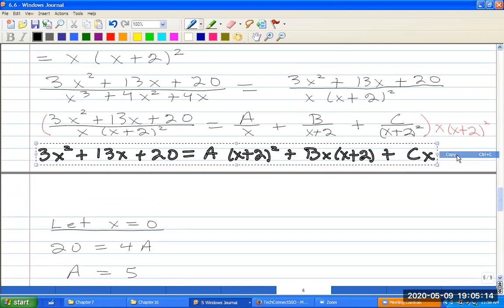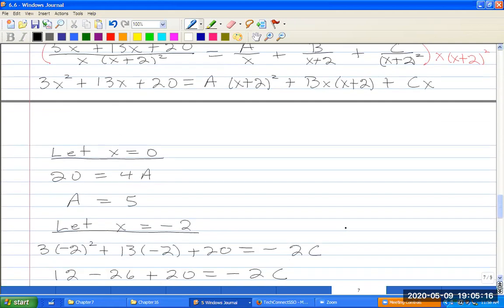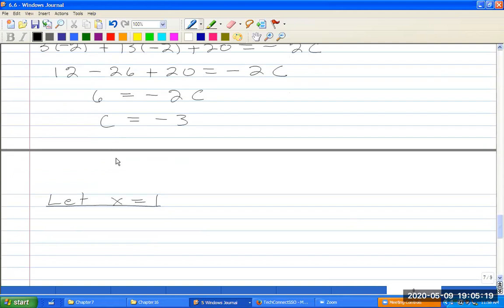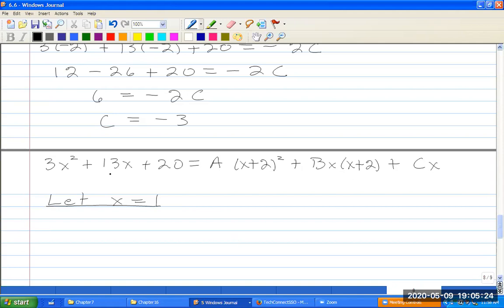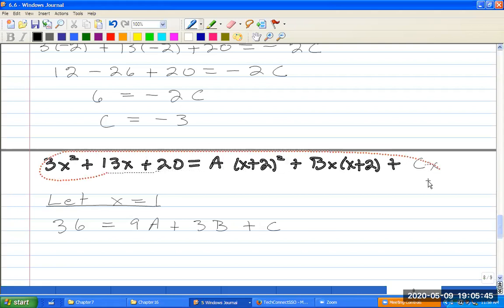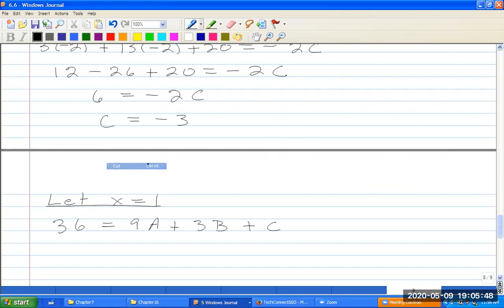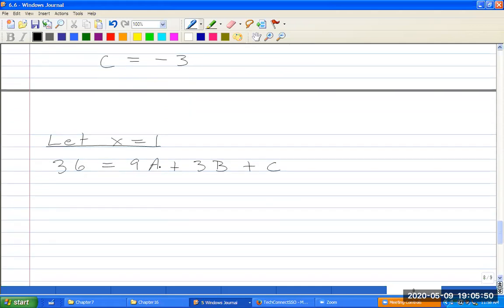Okay, so let's plug in 1. So I get 3 plus 13, 16 plus 20, 36 is equal to 1 plus 2 is 3 squared is 9a plus 3 times 1 times b is 3b plus c. Okay, good. Now, let's simplify this.